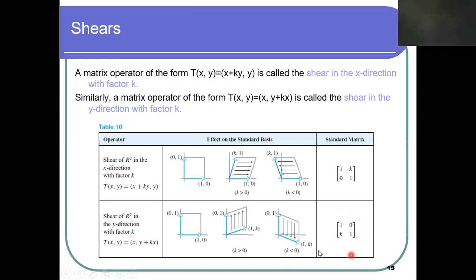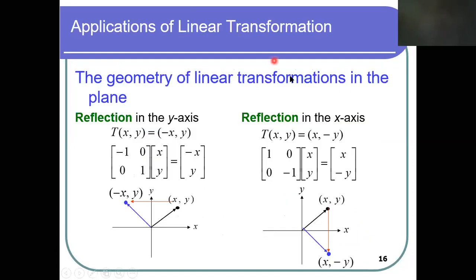And the standard matrix representation is given over here. Dear student, these are some basic properties which we have discussed in our class 2. I can say the reflection, and this is a matrix representation of reflection.